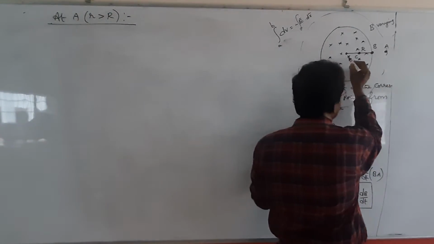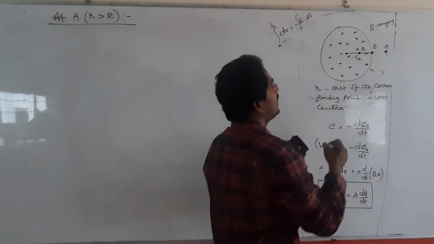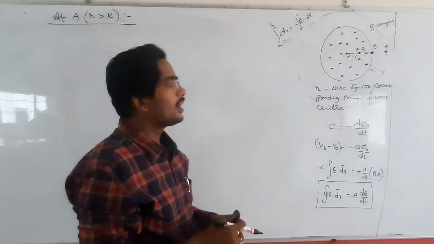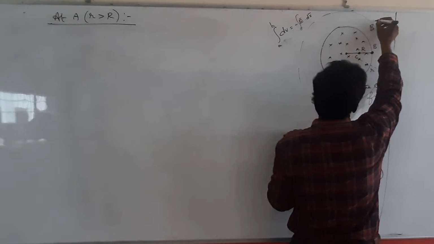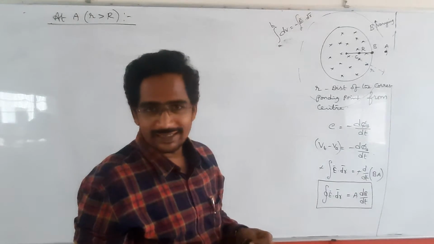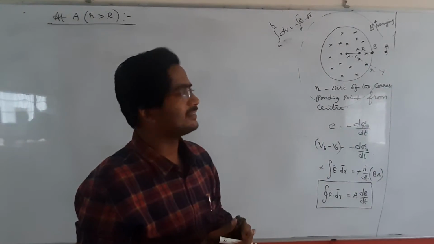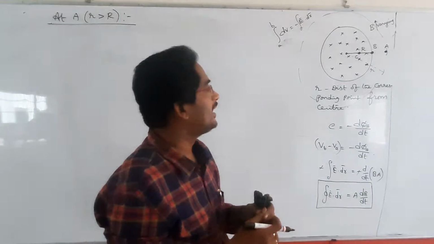Then the radius of this loop is small r. The radius of the circular loop is small r. Now, what about the induced electric field intensity? Actually, B is increasing, for example. When B is increasing here, what is the electric field intensity direction? To oppose that outward field, the induced current is anti-clockwise.